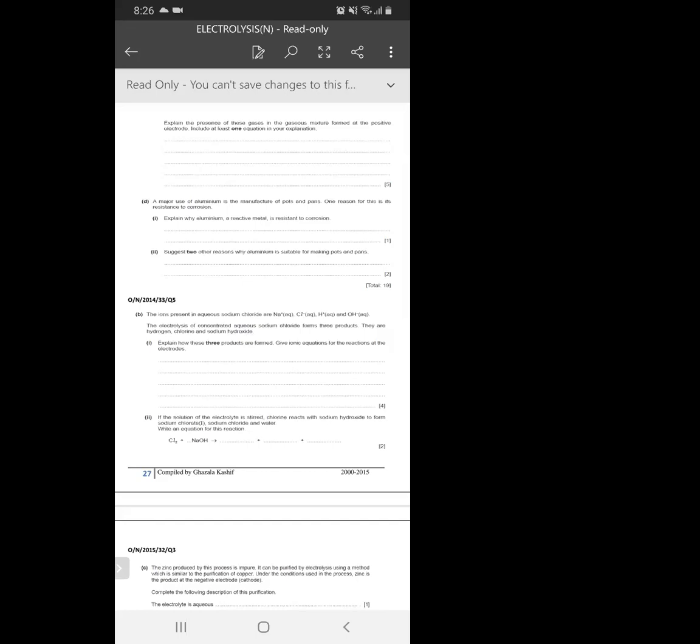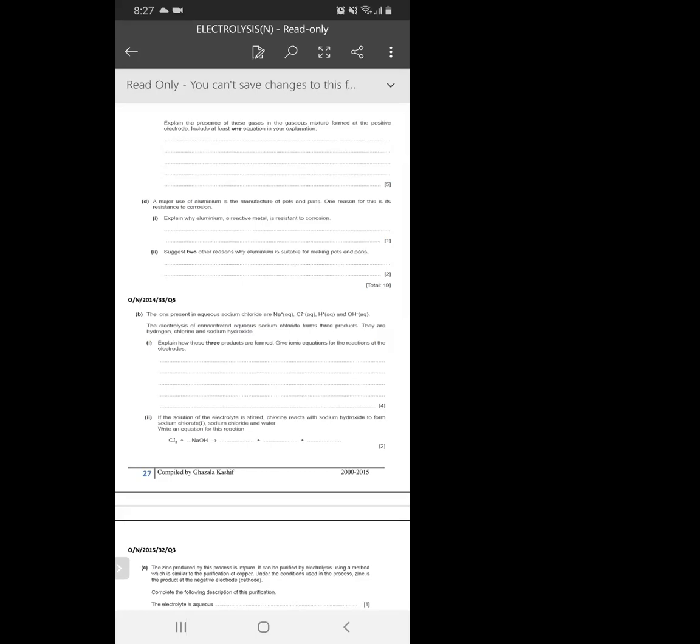Because if it is dilute, then the product at the anode will change. Halogens are released at the anode only when their concentration is greater. Otherwise, oxygen is released. Okay, be careful.